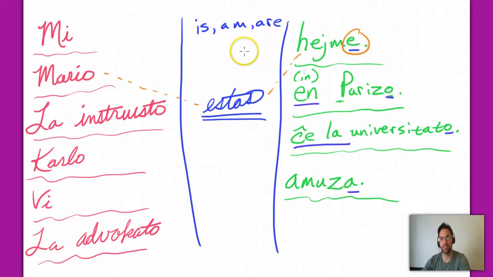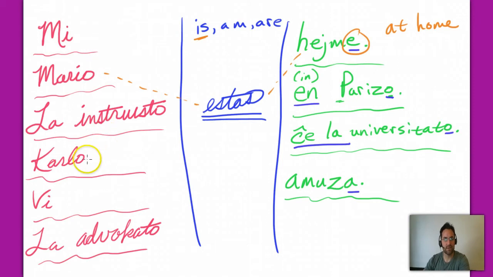Estas, sense of being. Mario estas hejme, is. So Mario is at home. This is modifying the verb and saying in the sense of where she's having her sense of being. She is at home.